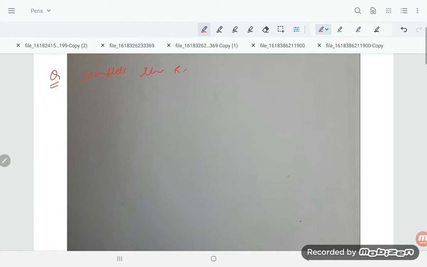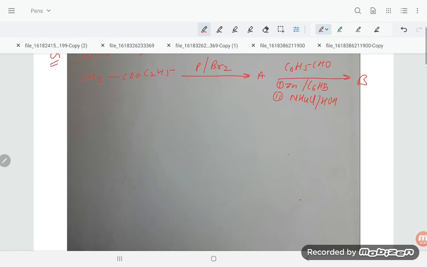What they have taken here is an ester, CH3COOC2H5, which first reacts with Br2 in the presence of red phosphorus to get A, which again reacts with C6H5CHO, and then zinc, and second condition NH4Cl, H2O. So it is giving B. They are asking what compound B is formed, right? So let us look over the solution portion.